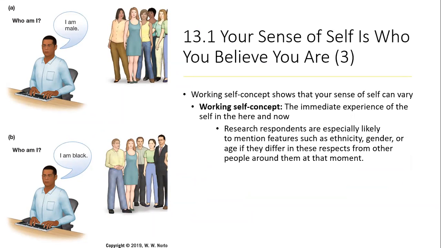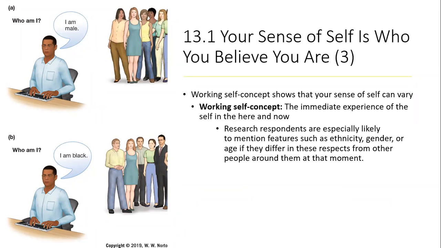And our sense of self and our self concept is really going to vary depending on our situation and where we're at. So, in this example, for a male that works in an office with a bunch of females, the way he's going to define himself is being a male because everyone else around him is female.